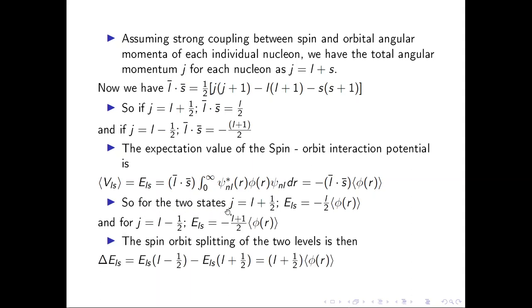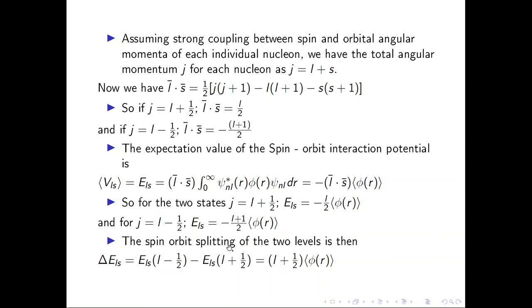For the two states, j is equal to l plus half, E_LS is equal to, putting it from here, L·S is l by 2, so E_LS is l by 2 φ(r). And for j is equal to l minus half, L·S is minus (l+1) by 2, so we put it here, we get E_LS, the correction to the energy eigenvalue, is minus (l+1) by 2 φ(r).